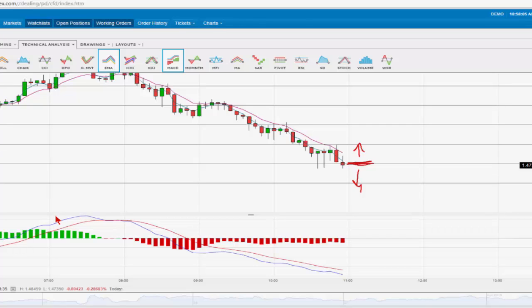Who thinks above? Who thinks below? Just type in an A or B. Anyone? At 3 o'clock, be above or below this based upon what you're seeing.